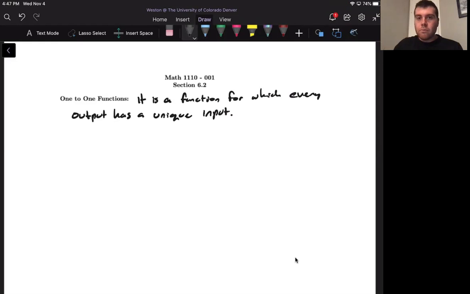Essentially, this is the flip of what it means to be a function. When we had something that was a function, for every input, there's a unique output.